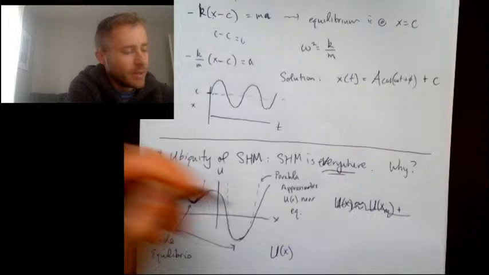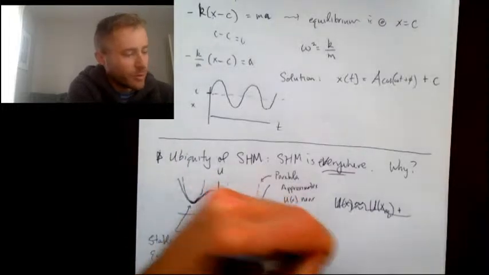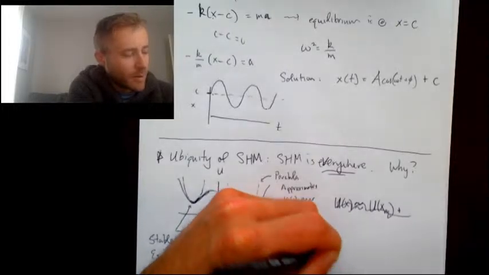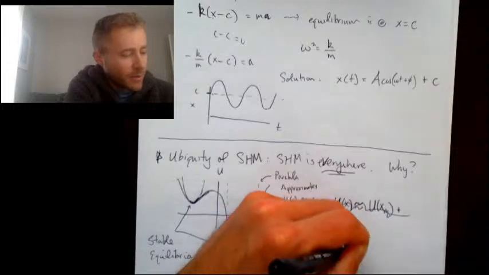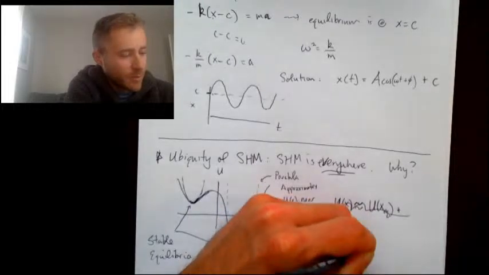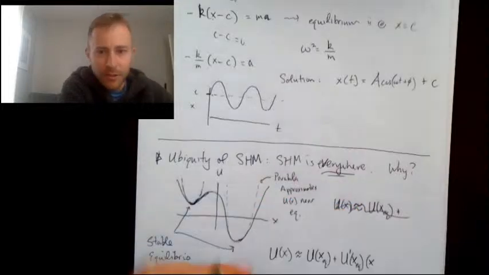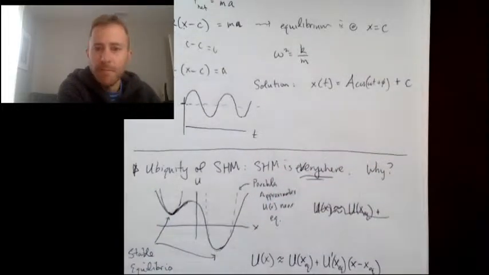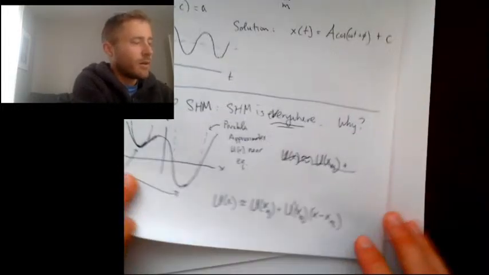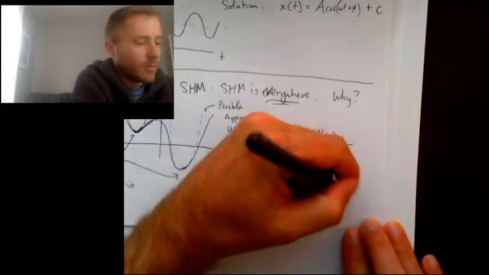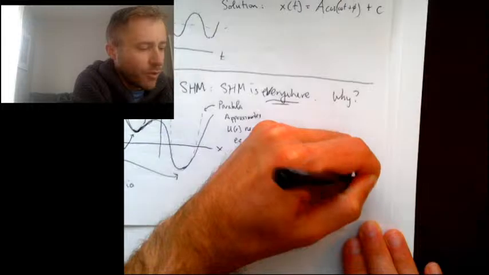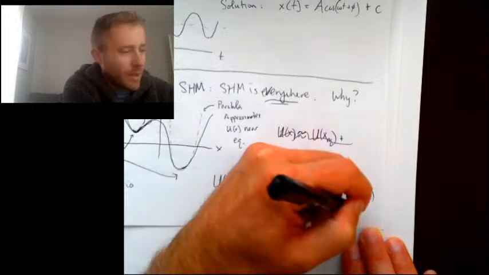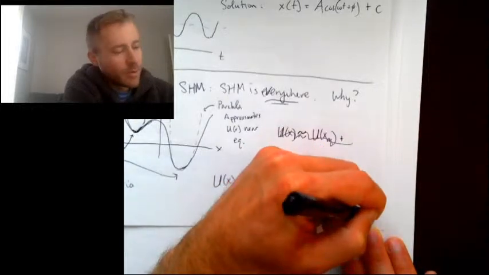So u of x near the equilibrium is approximately equal to u evaluated at the equilibrium plus u prime of x evaluated at the equilibrium times x minus x equilibrium, plus 1/2 u prime prime evaluated at the equilibrium times x minus x equilibrium squared.